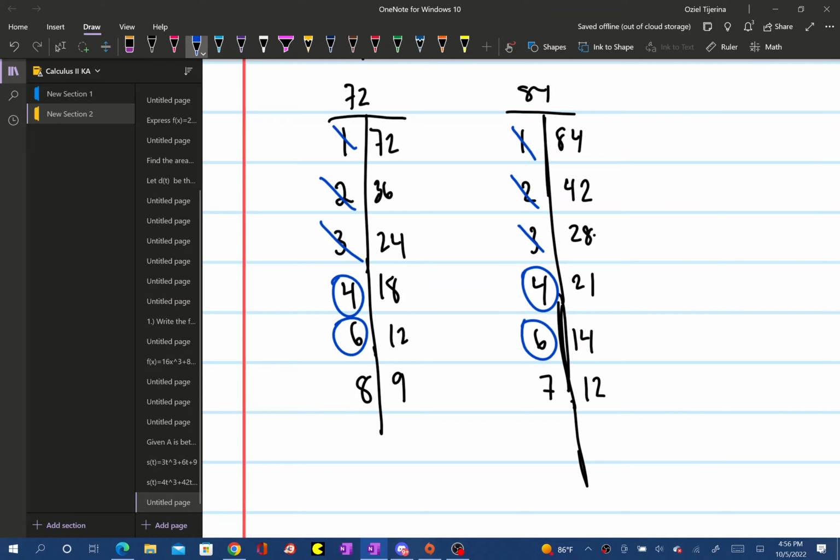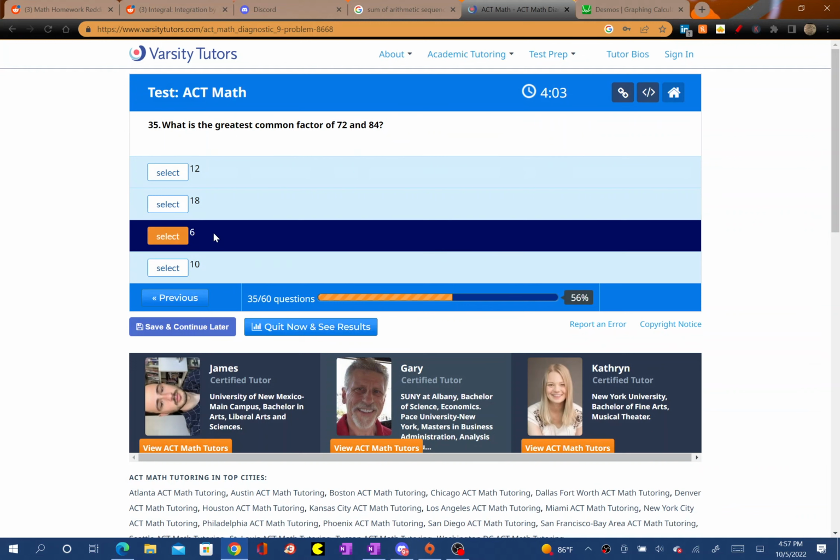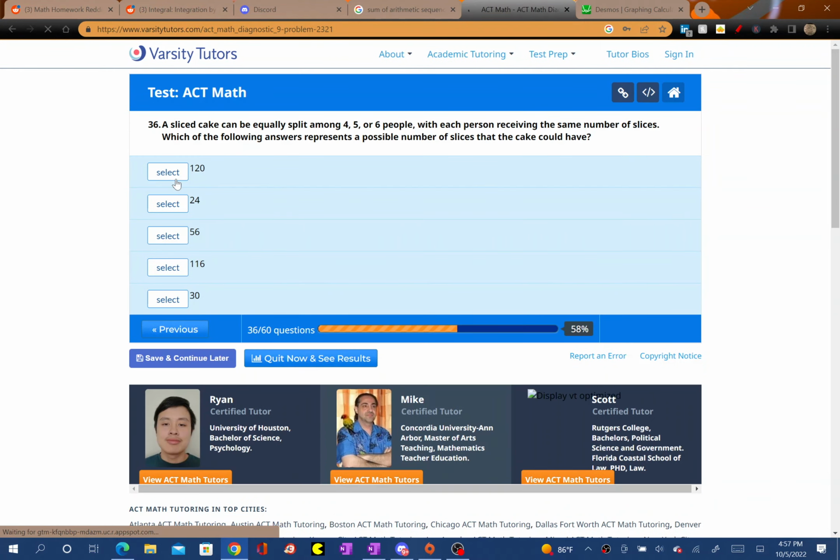A 12. I think that's it. So out of all of these, the greatest one would be 12. So the greatest common factor is 12, I believe.